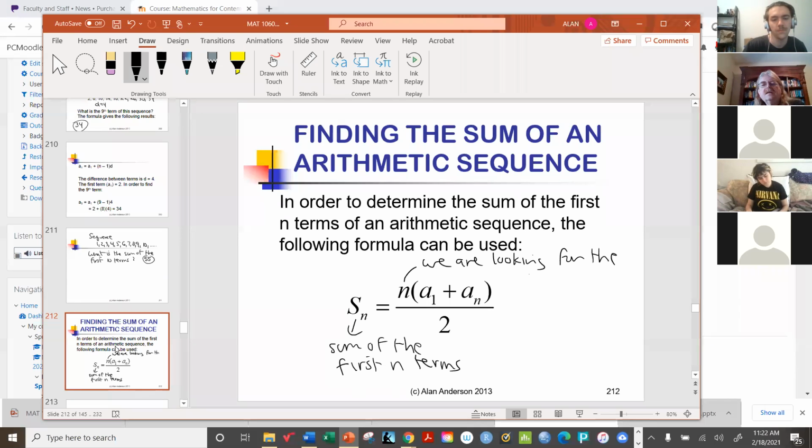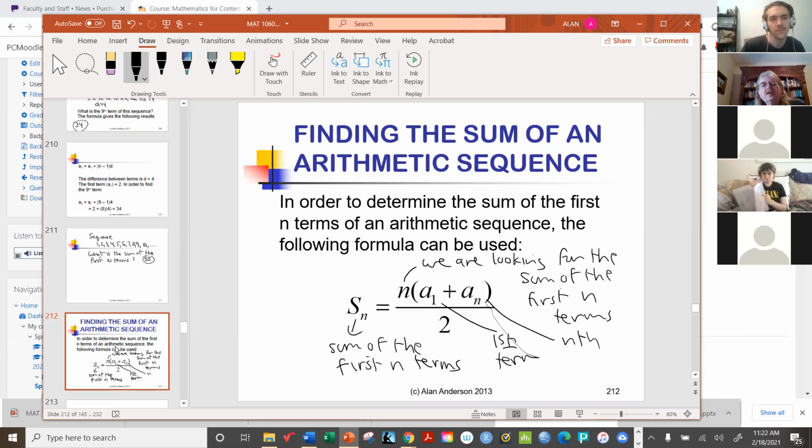And then you know what A1 and An are. This is the first term, and this is the nth term, as we've been calling it.